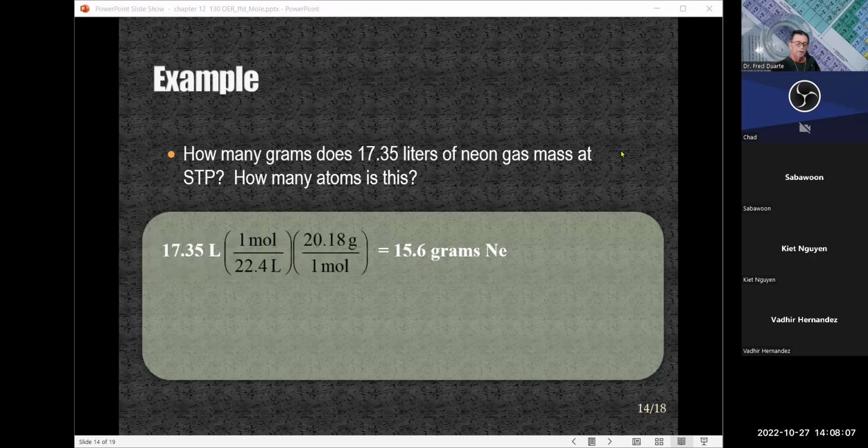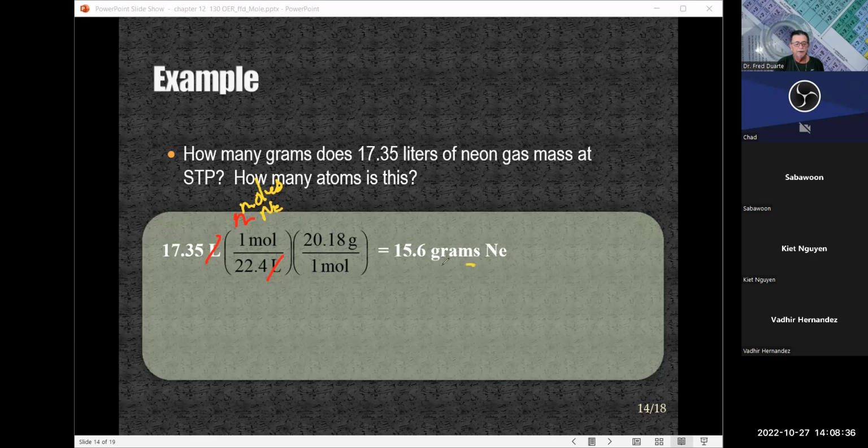So our first factor, given that we're at STP, converts those liters into moles of neon gas, okay? So here I'm at moles. At this point, I'm in moles of neon gas, okay?